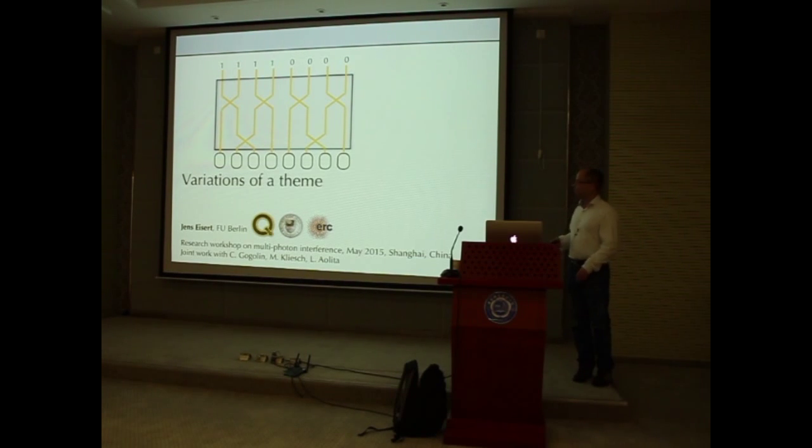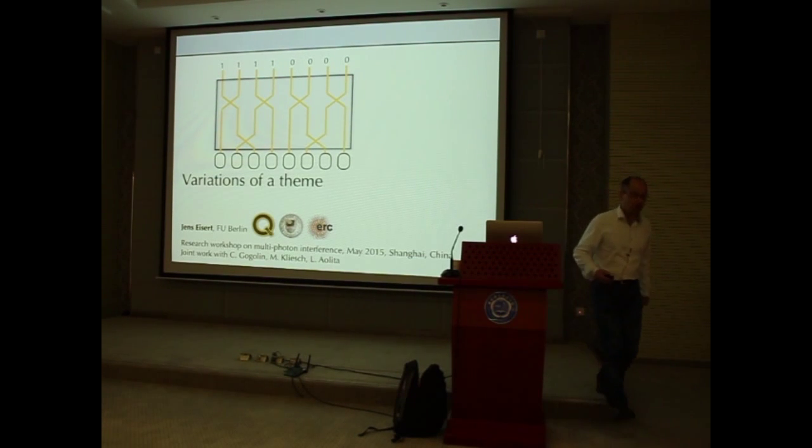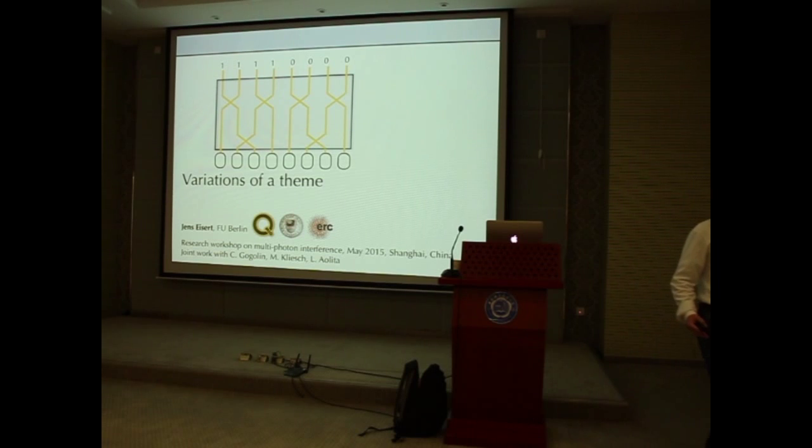So this will be about variations of the theme, in fact 2 variations and a coda at the end, very much related to what Matt and Andrew and Ish and loads of others presented very nicely in their talks yesterday and today. However, with a slightly different mindset and twist to the story.